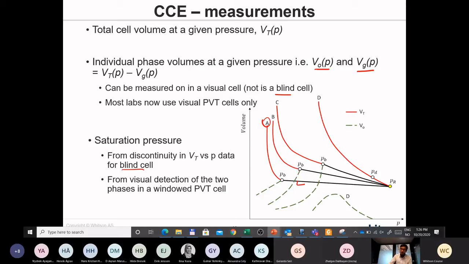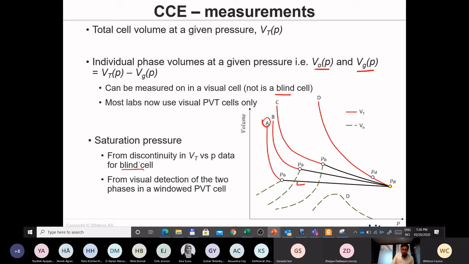But you can see that if we have a high shrinkage oil like volatile oil, near critical fluids or gas condensate, it becomes almost impossible to accurately get the saturation pressure from only this information, the total volume versus pressure data.